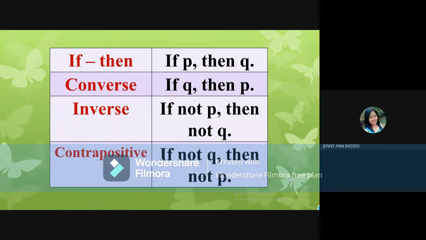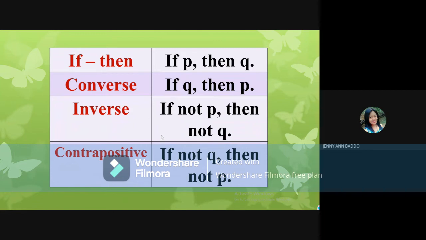But the converse statement is formed by interchanging the hypothesis and the conclusion of the given if-then statement. So we now have here if Q, then P. If before the conclusion and then before the hypothesis. The inverse statement is formed by negating both the hypothesis and the conclusion of the if-then statement.